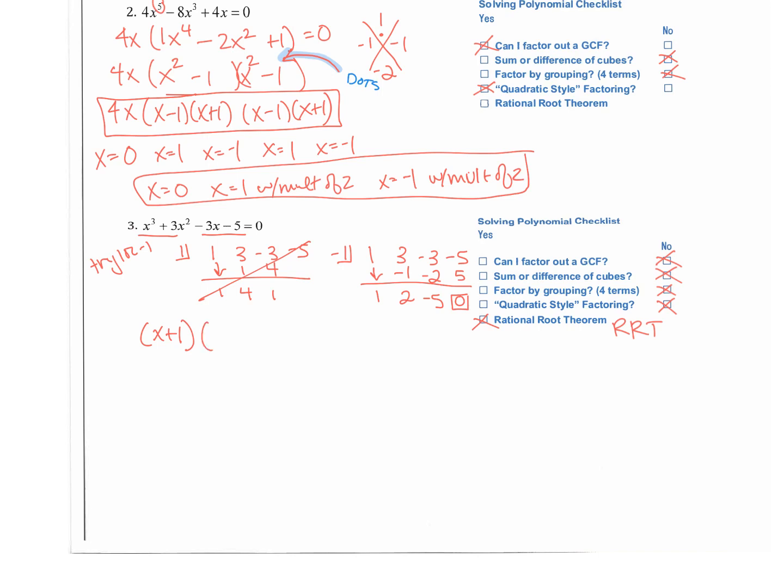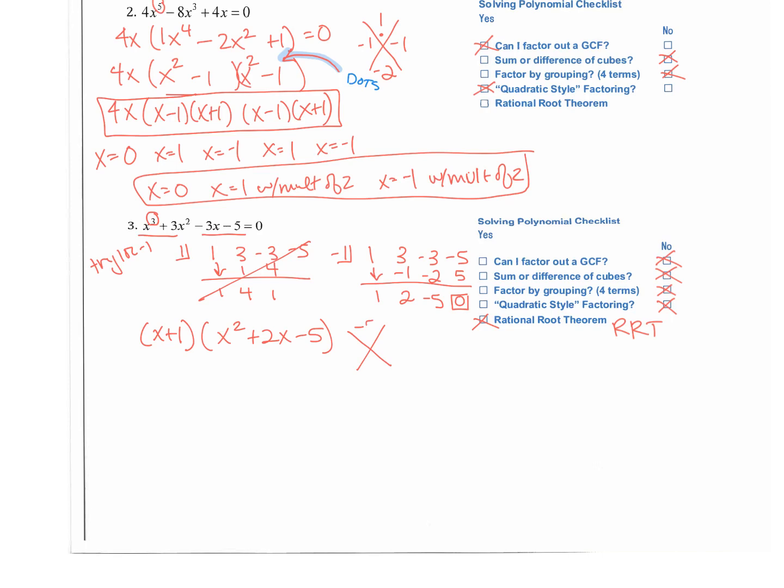And then my next factor would be my answer, my quotient for my synthetic division. And this began as an x cubed polynomial, so my quotient's going to begin with x squared. So this is 1x squared plus 2x minus 5. And now I need to see if I can factor this and break it down.